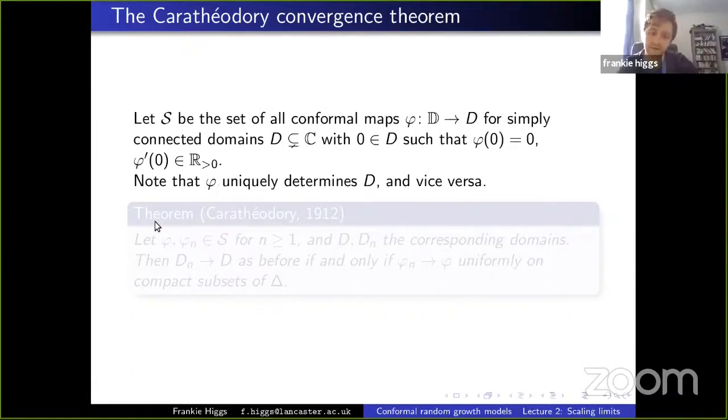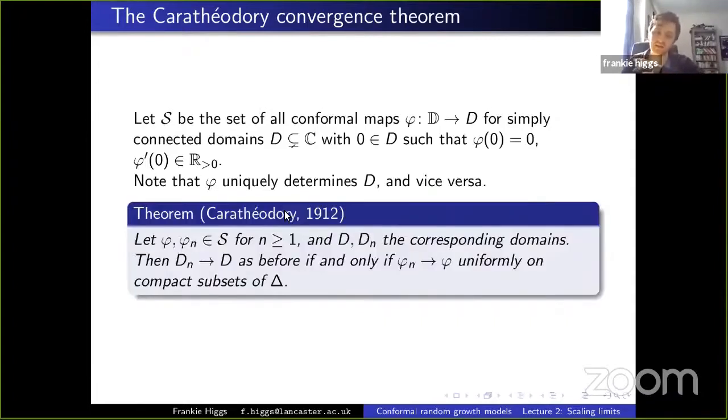And the Carathéodory convergence theorem says this sense of convergence of domains has a sense of convergence for maps. And sorry, this is meant to say compact subsets of D, the disk. So it says if we have maps phi and phi n, and the corresponding domains, then the domains converge in the sense of Carathéodory if and only if the maps converge uniformly on compact subsets of the domain.